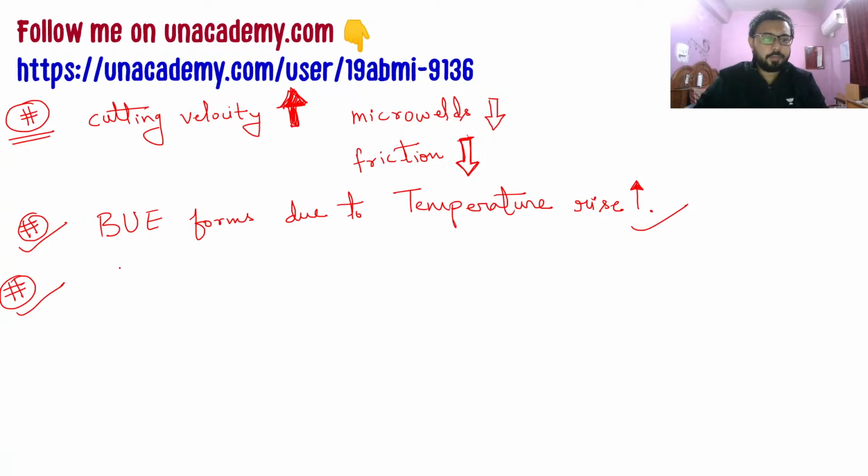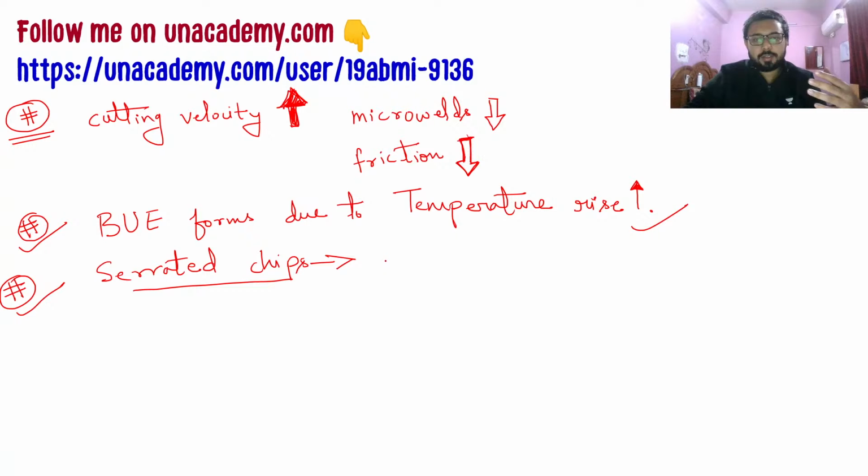And then we have a serrated chip. Serrated chips are the ones which have different chip thickness as the chip is produced. Its length will have different chip thickness due to shear strain being different in different sections.